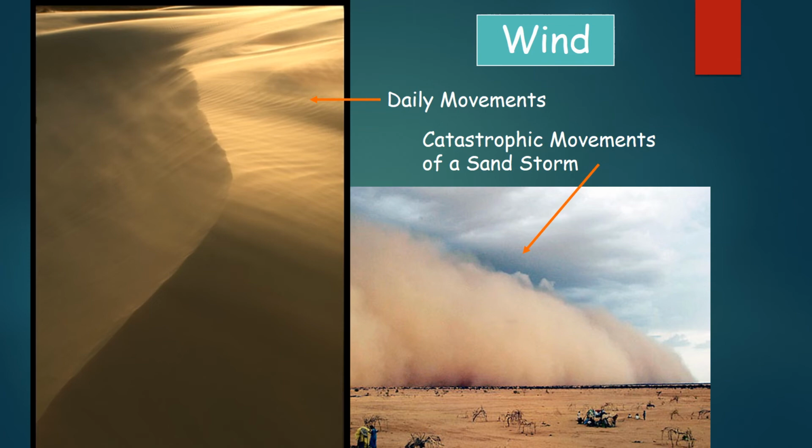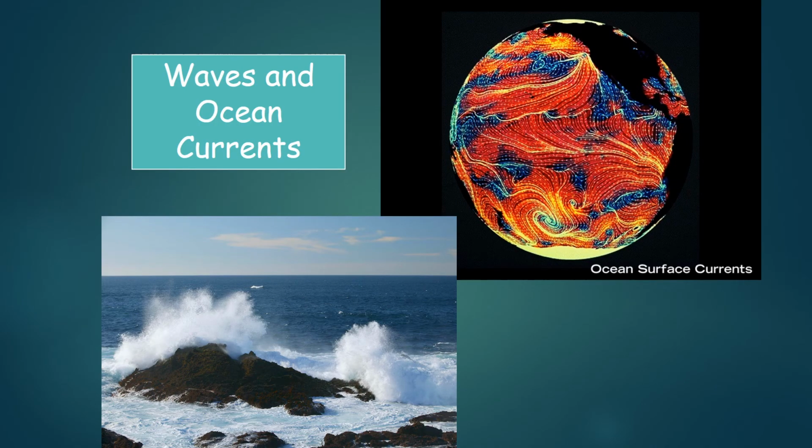Wind can have daily changes, just like the slow movement of dunes, or you could have more, again, catastrophic movements, something that happens instantly, like a sandstorm. Waves and ocean currents. So we talked about the ocean currents are moving. If they take sediments with them as they move around the globe, then that could be erosion, or the kind of constant pummeling and movement of waves at the beach.